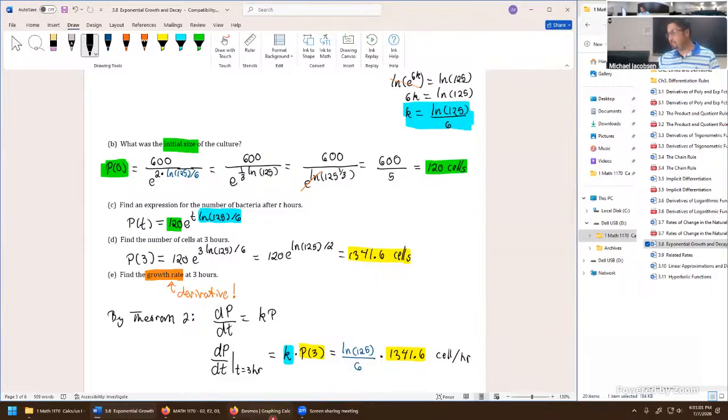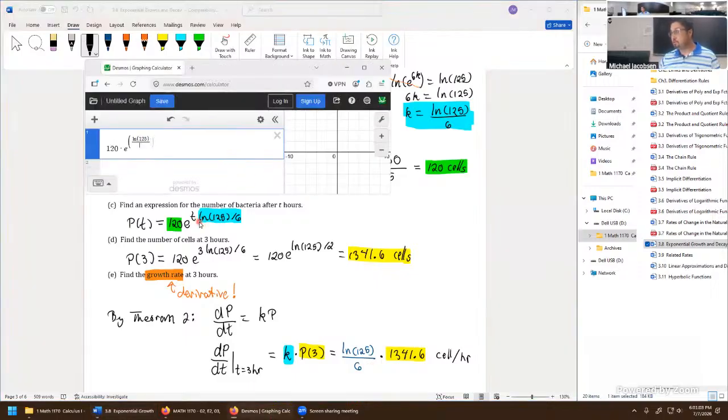We just need to plug this in, get a number again. So natural log 125 divided by 6, make sure the 6 is not inside the parentheses on the function notation there, times 1341.6. I'll just use the same thing we rounded to.